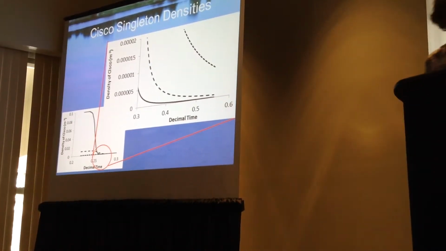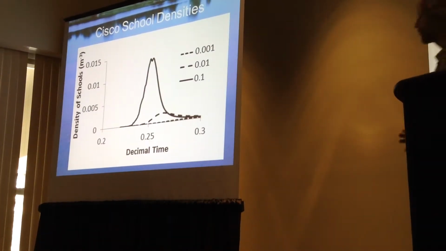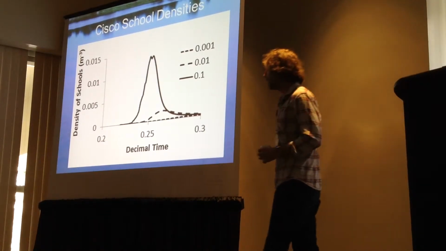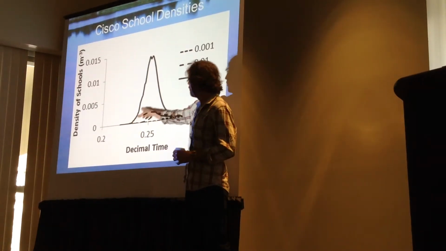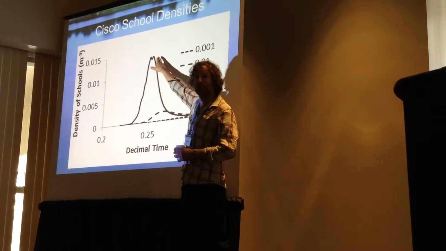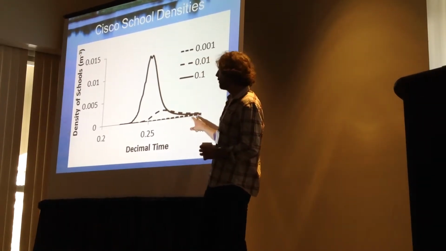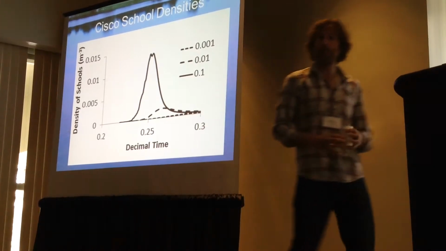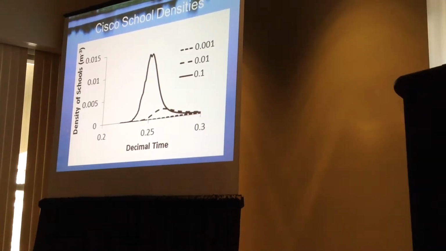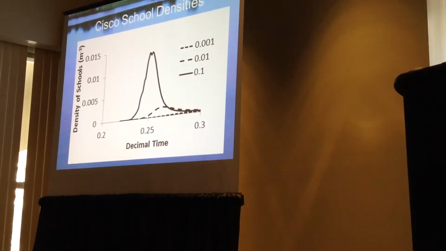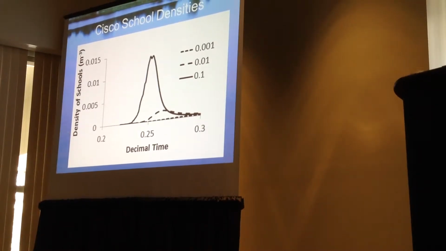So that's only for individuals. If we look at schools, we get a similar event that you might expect, that as the schools start to form, we get a whole lot of very small schools, but as those small schools start to join, we get very small densities of large schools. Again, you get the event with the fact that a larger population will make more schools very quickly, so you see that dark line is quite a bit higher than the dashed lines.